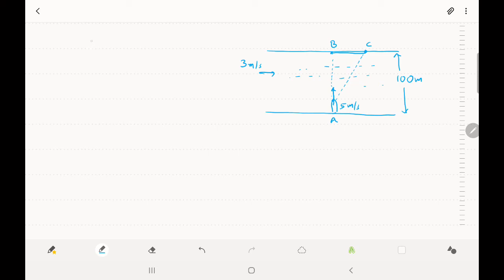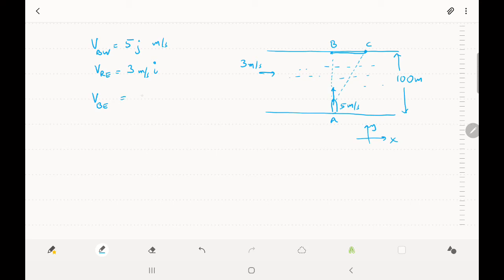So the speed of the boat with respect to the water is 5, and let's say that's the y direction, so it's going to be 5j. The speed of the river with respect to the earth is 3 meters per second, and that's in the i direction. So what is the speed of the boat with respect to the earth?